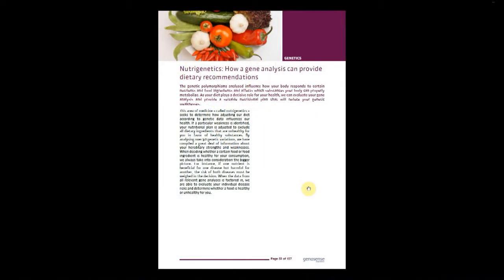Now this page here is going to explain a little bit about nutrigenetics, how genes are going to influence one person differently than others. Because the general assumption that eating healthy is the same for everybody, you should eat lots of fruit and low fat and low sugar, this is just too simple, unfortunately.